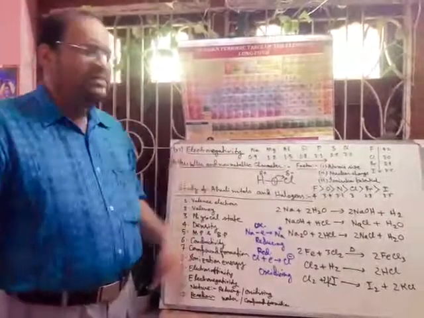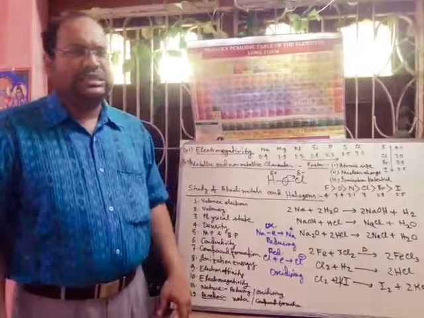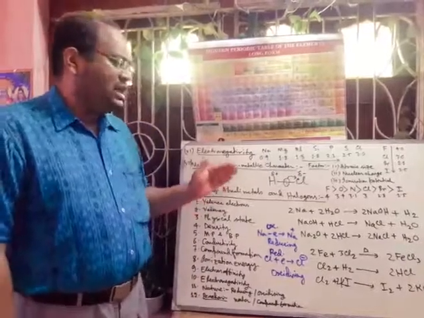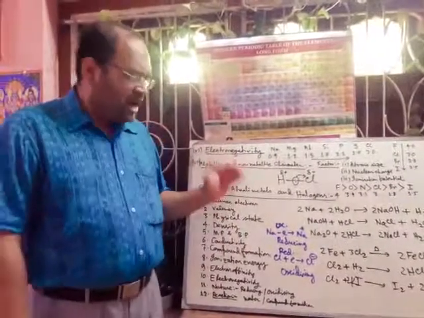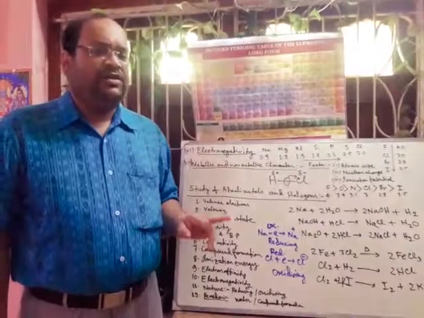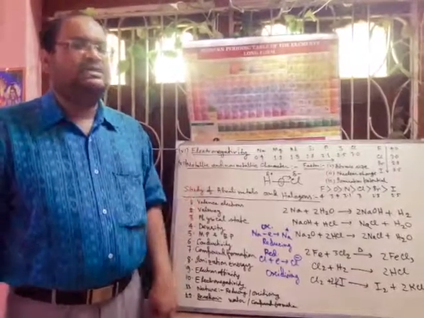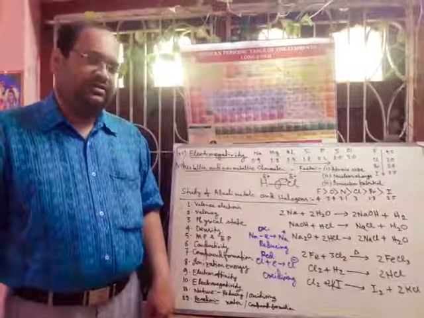Now electronegativity has huge application in chemical bonding. If we think about compounds like hydrogen, where the difference between the two hydrogen atoms' electronegativity is 0, then the type of bond is covalent.